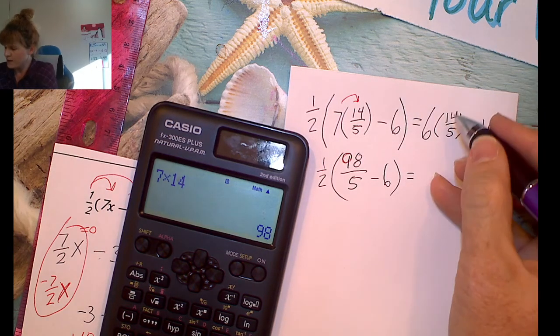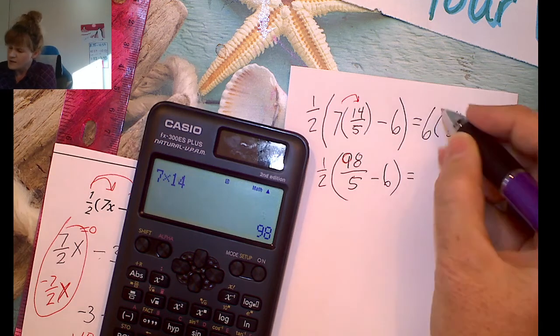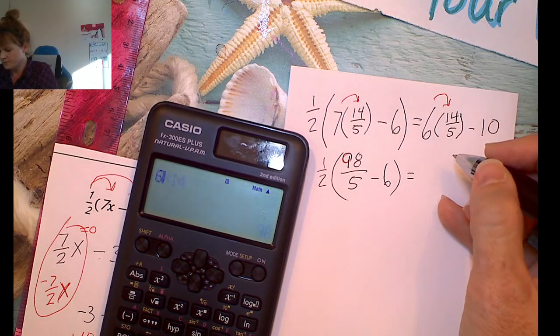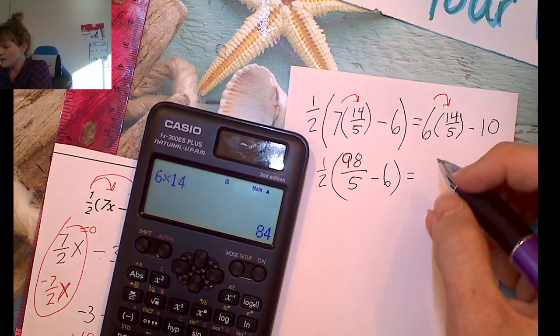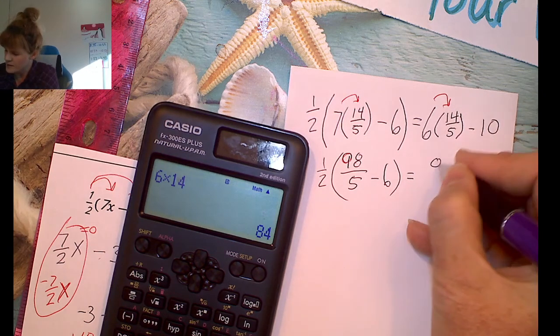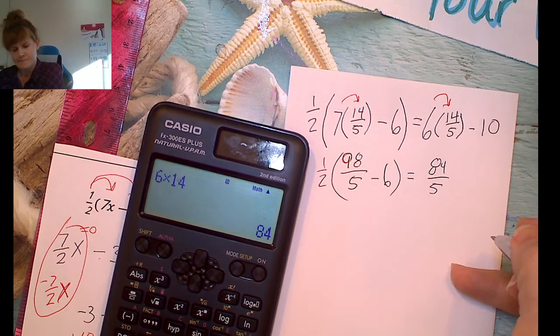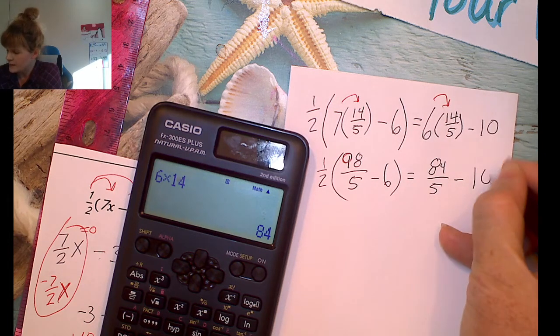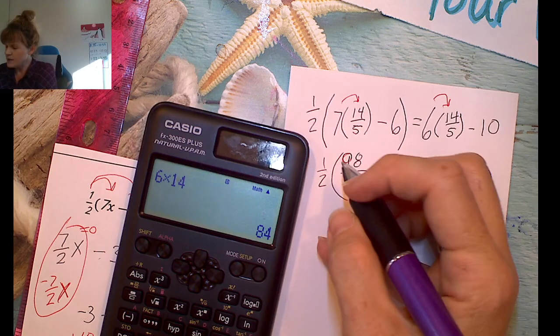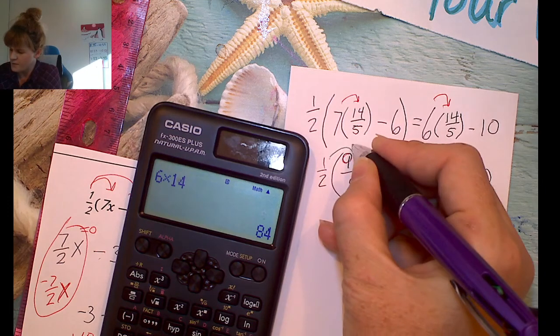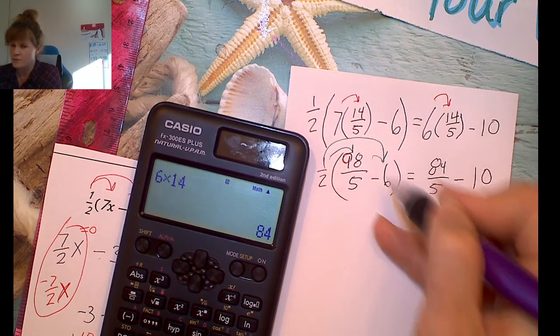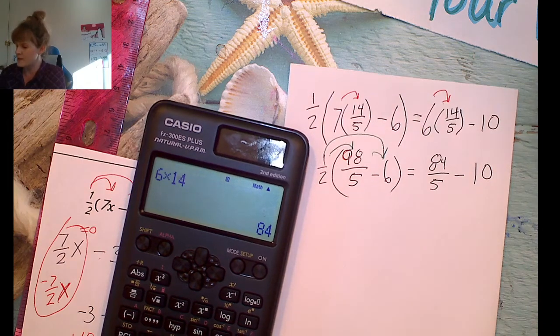And the other side, I'll go ahead and multiply this. 6 times 14 is 84. So that's 84 over 5 minus 10. Okay, now I need to use the distributive property for this 1/2. It distributes to both parts in the parentheses.